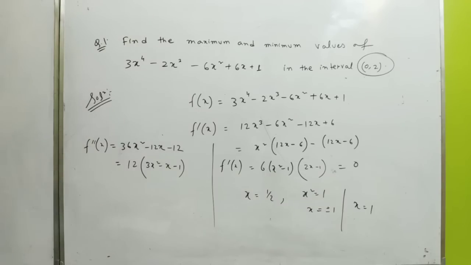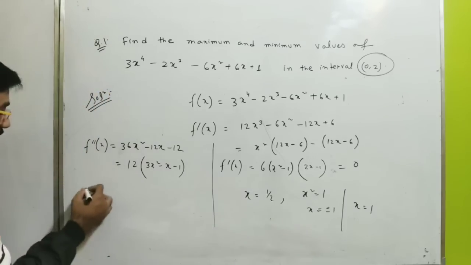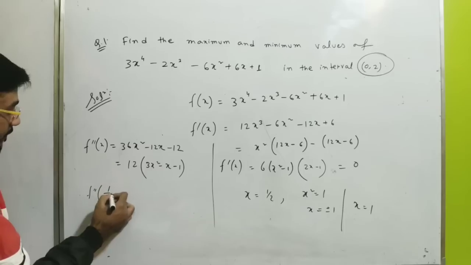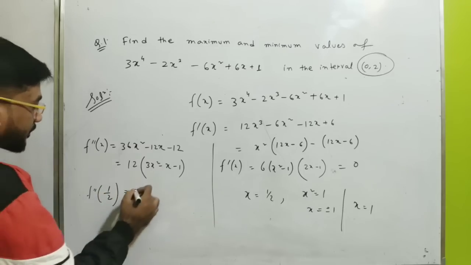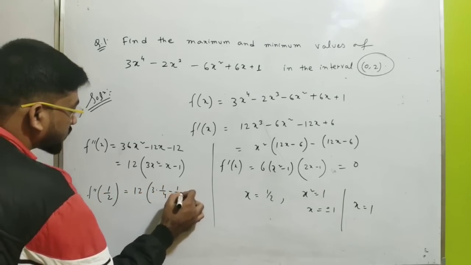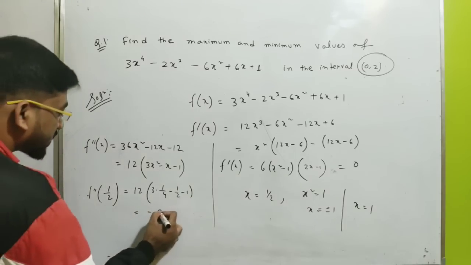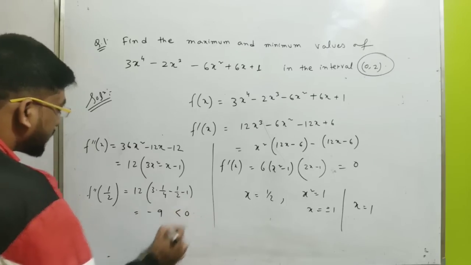So it will be 12 into 3x square minus x minus 1. Now if we put x equal to half, f double prime half will be 12 into 3 into 1 by 4 minus 1 by 2 minus 1, and you will get minus 9, which is obviously less than 0.